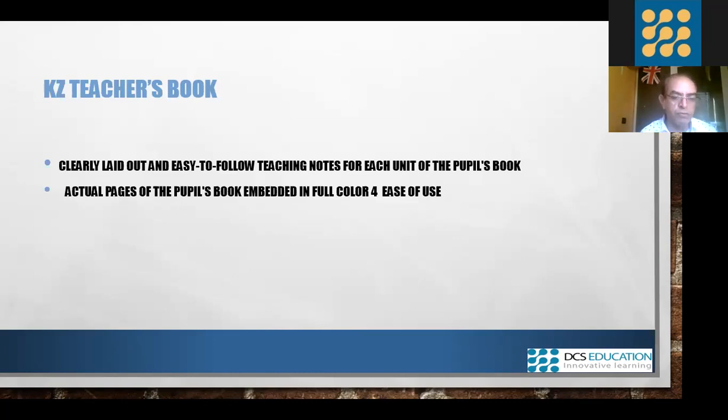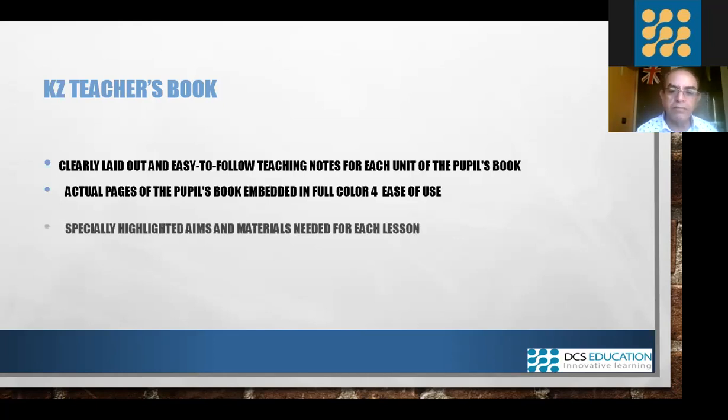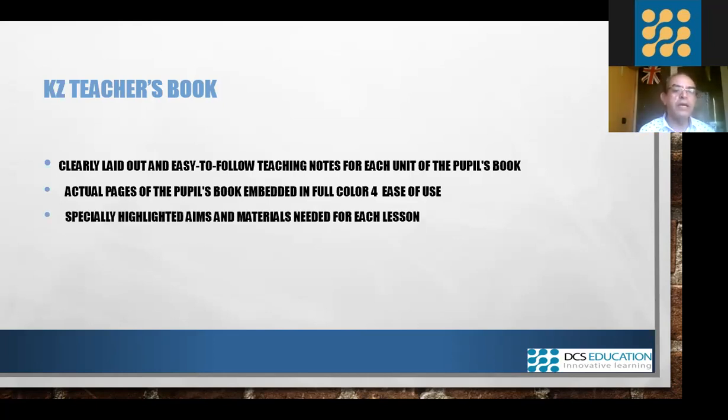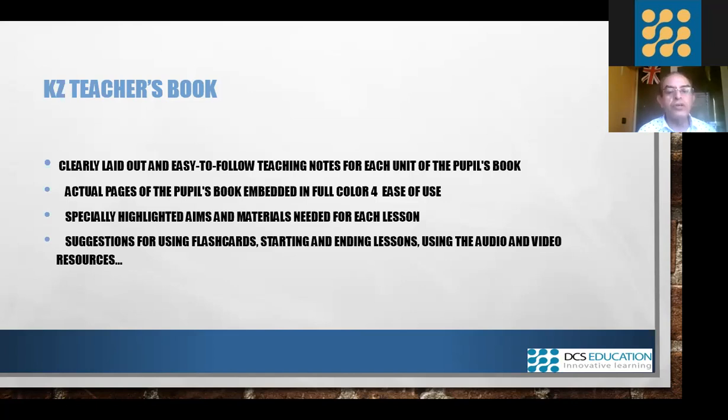So if sometimes you don't have your pupil's book or activity book with you, they will be included and contained in the teacher's book. That's an advantage. Especially highlighted aims and materials. Suggestions for using flashcards, starting and ending lessons, using the audio and video resources. All that will be clear in the teacher's book.